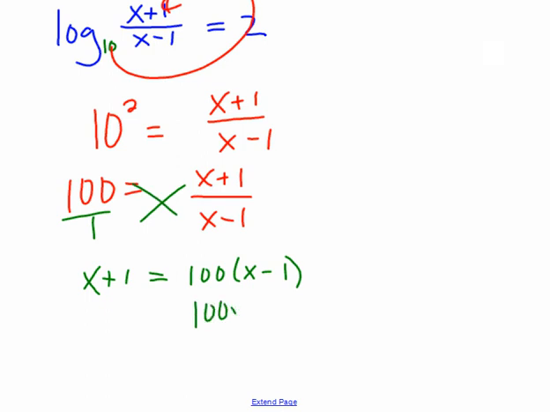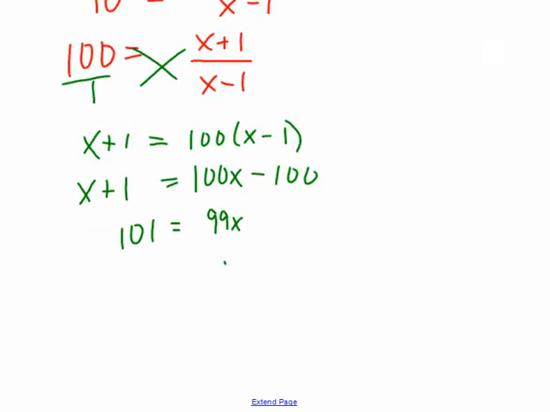And so I have 100x minus 100 on this side equals x plus 1 on this side. And so then we just combine our x's. So I have 99x, add the 100, equals 101. And now divide, and we have x equals 101 divided by 99.